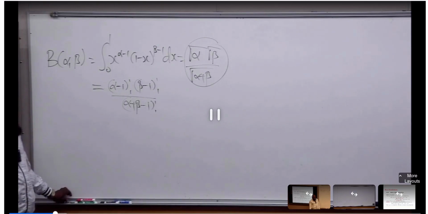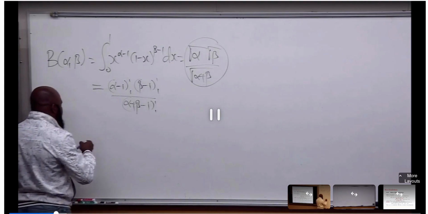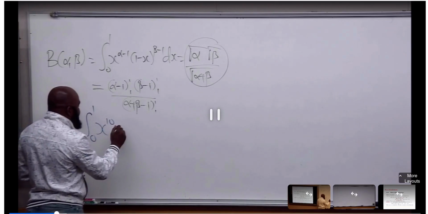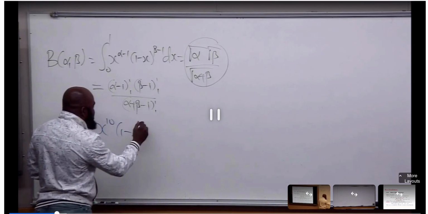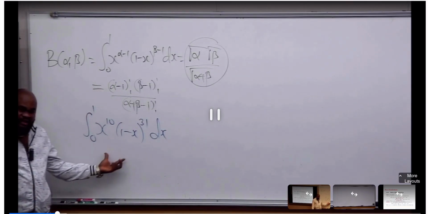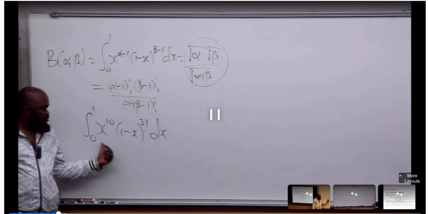Please take note of what I'm trying to show you right now. Maybe you are given the integral from 0 to 1 of x raised to power 10, 1 minus x raised to power 31 dx. If you want to solve this problem directly, you may spend like 500 years because of the power.